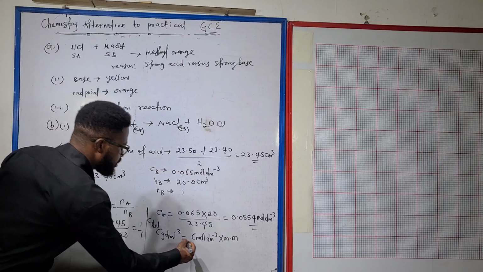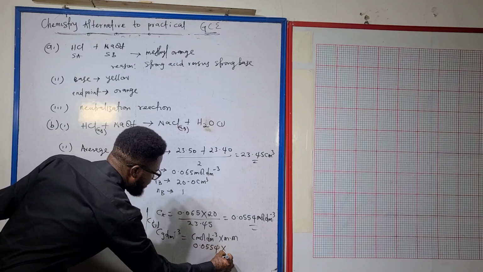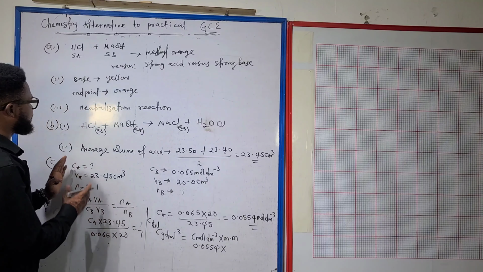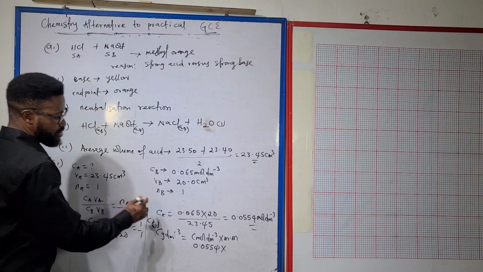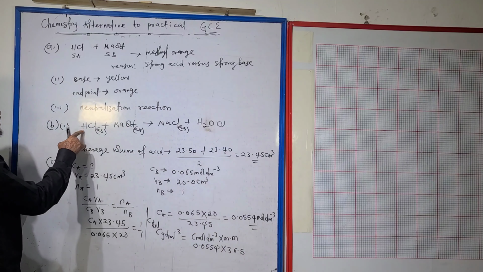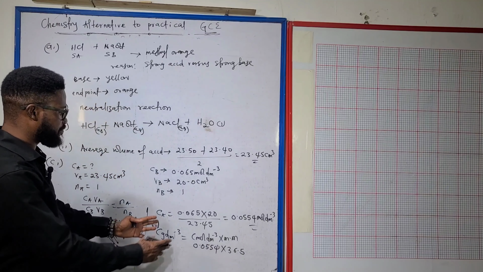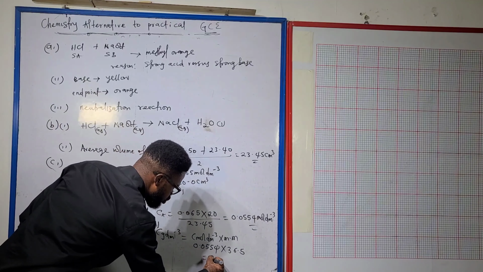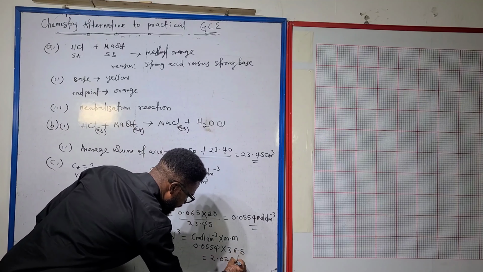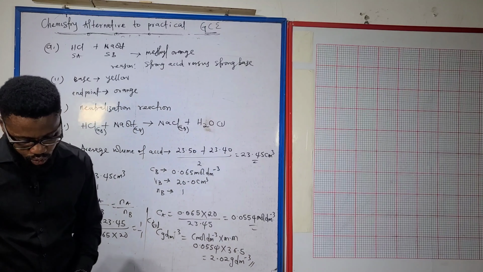That's going to be 0.0554 times the molar mass, because my acid there is HCl, that is 1 plus 35.5. If I take that together, that's 36.5. If I multiply this, my answer is 2.02 gram per dm cube. Of course, that ends C2.